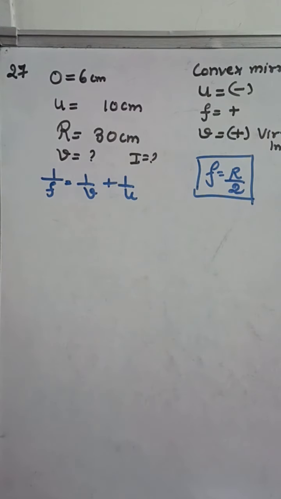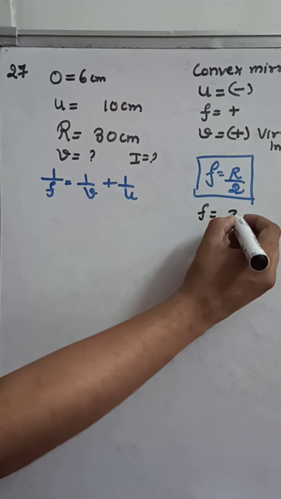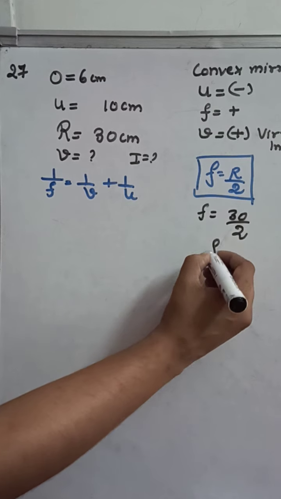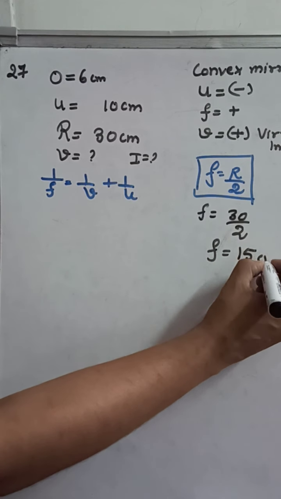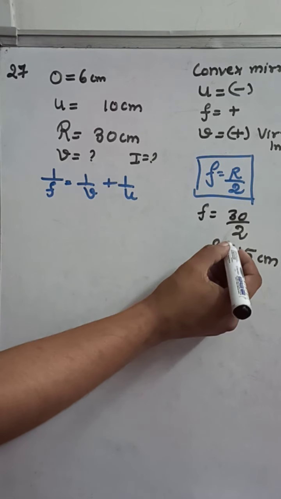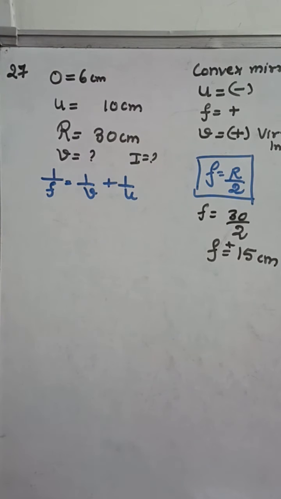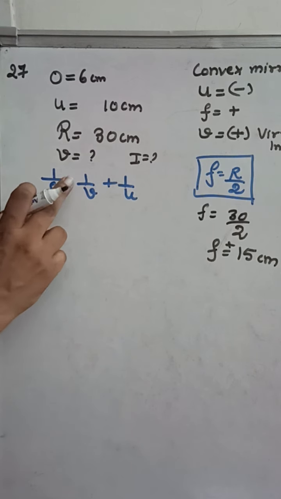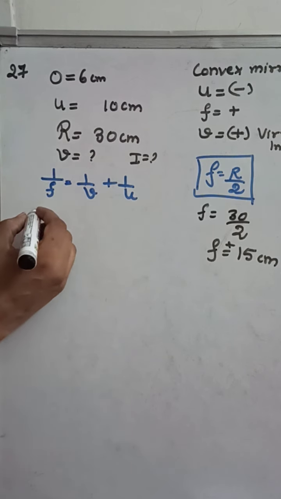R means radius of curvature. So r is 30 centimeter. So focal length will be 15 centimeter. It will be plus because it is a convex mirror. Now we will substitute the value in the mirror formula, 1 upon f is equal to 1 upon v plus 1 upon u.